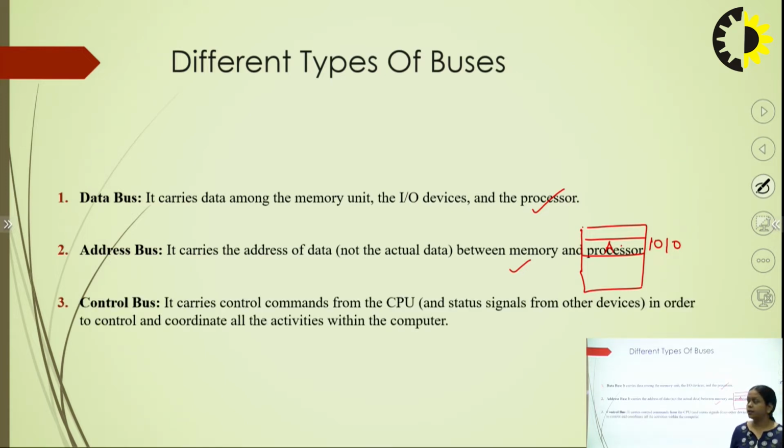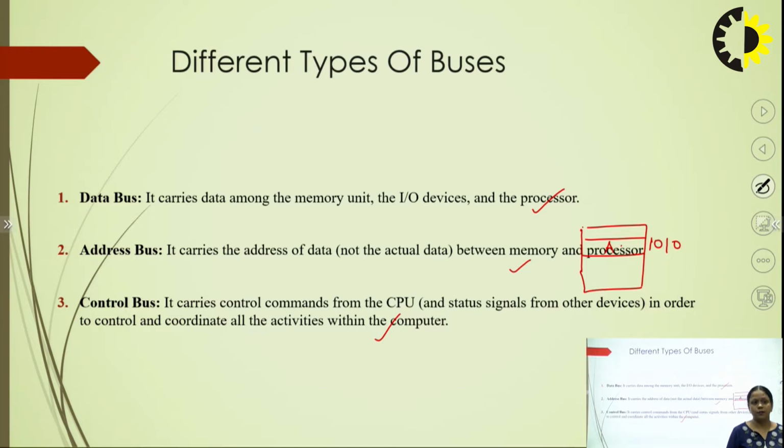And the last one is your control bus. Now, what is the meaning of control bus? Why do we use this control bus? Control bus will carry information from one device to another. Which information? Control information. Now the question is, what is the meaning of control information?